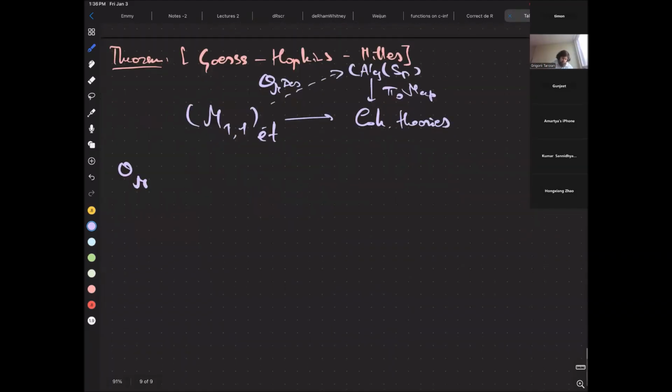So O^top gives you the universal elliptic cohomology theory.